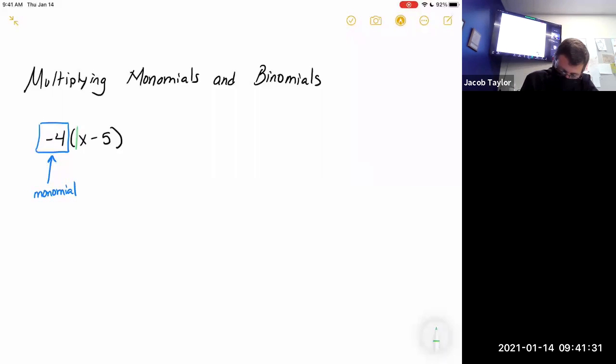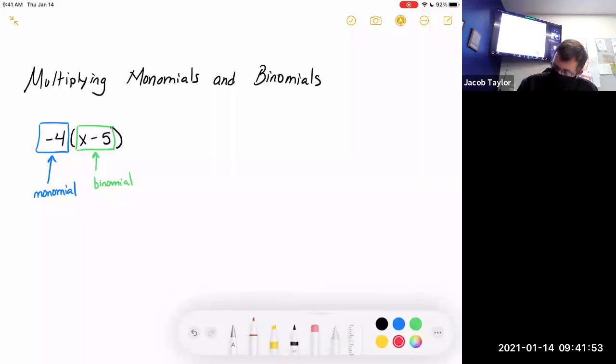But in the parentheses, this is a binomial. It has two terms. You can count how many terms a polynomial has by looking for the plus and minus signs. If there's a plus sign or a minus sign separating them, that is two different terms. So this is a binomial because it has two terms, and a monomial because it has one term.